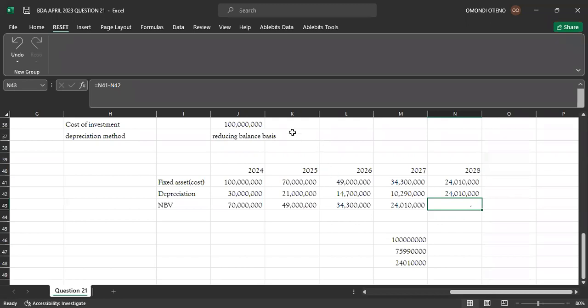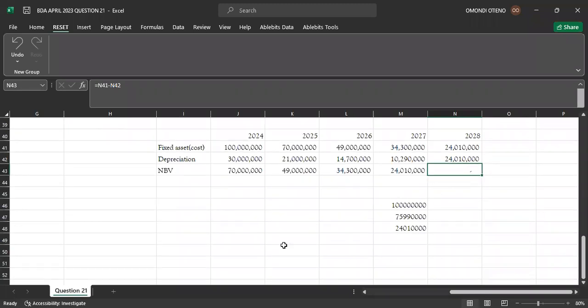It is the project life that is 5 years. And because the project life is 5 years, it means we expect a net book value, which we are going to compare with the proceeds on disposal of the asset, and then we see whether we have capital gain or loss.